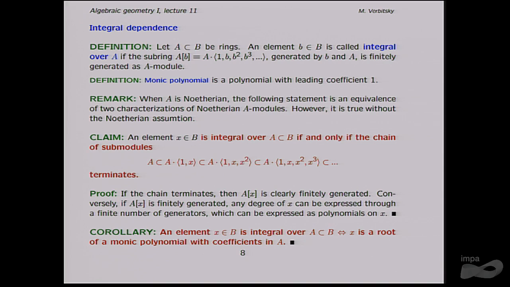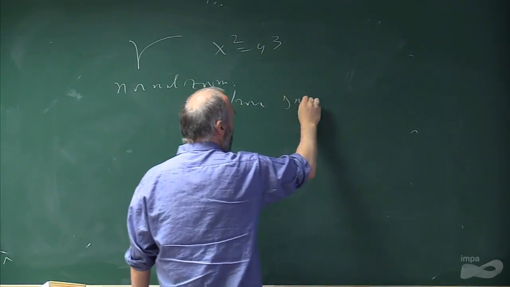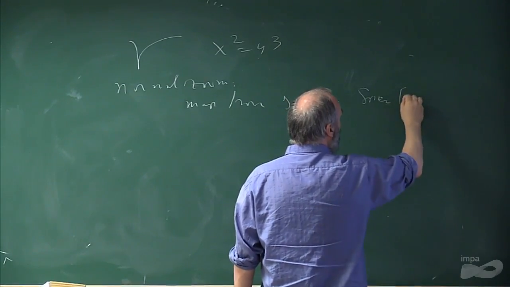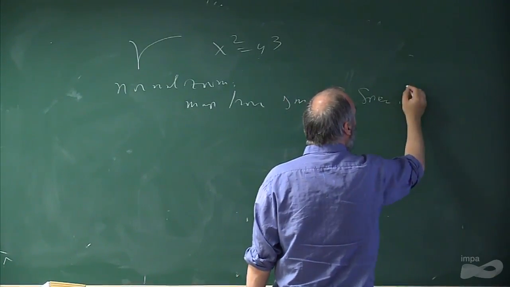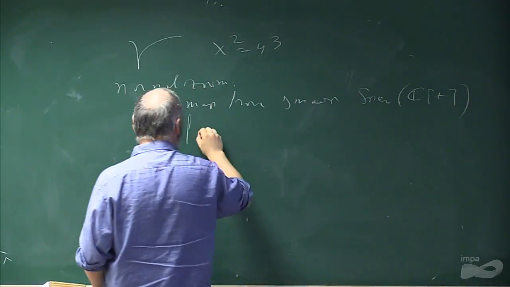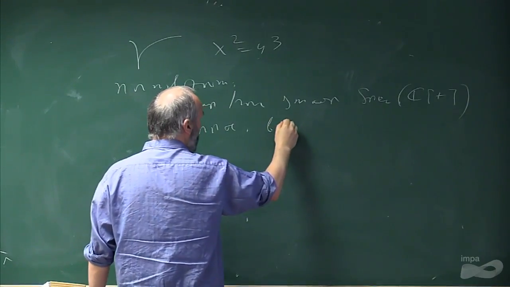The idea is that you have a map which is birational, it's finite. So if you have things like x squared equals y cubed, you have normalization, which is a smooth map from a smooth manifold, which is just the spectrum of C[t], which is finite and birational.